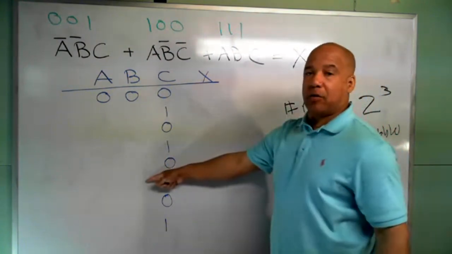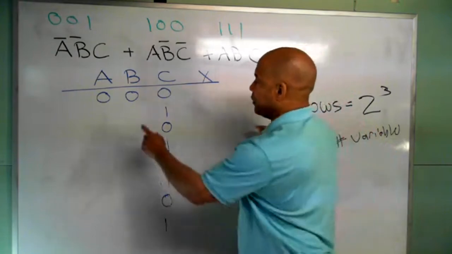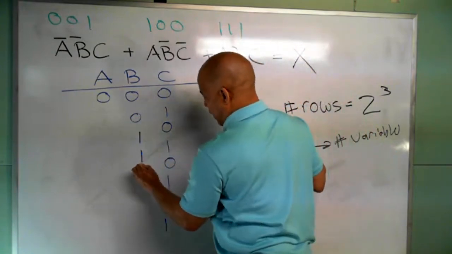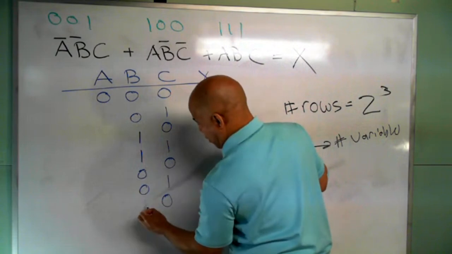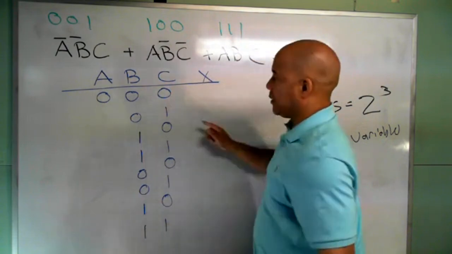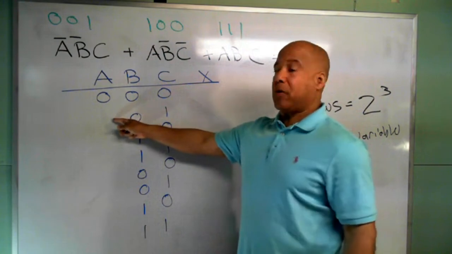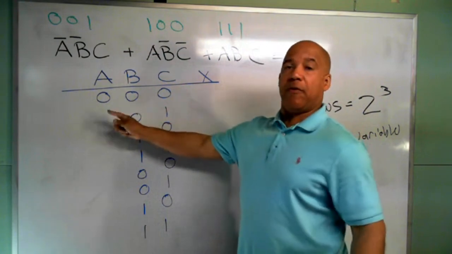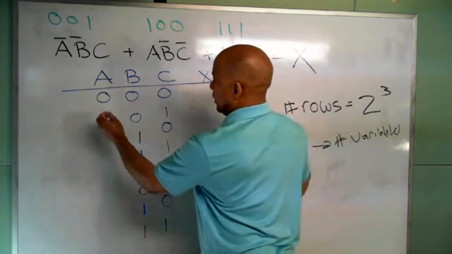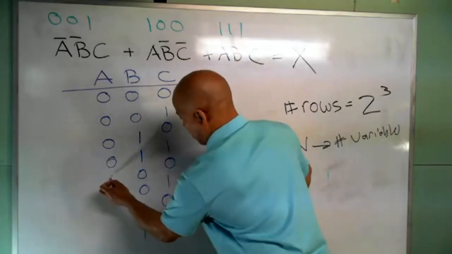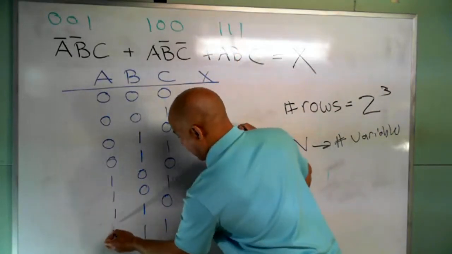The next column I alternate every 2 bits. So 0, 0, 1, 1, 0, 0, 1, 1. The next one, this is all powers of 2, so it's not every 3, it'll be every 4 bits. This would be 0, 0, 0, 0, 1, 1, 1, 1.